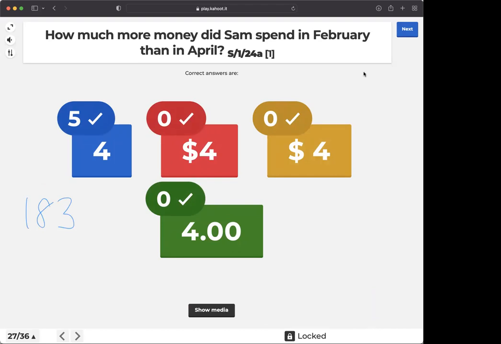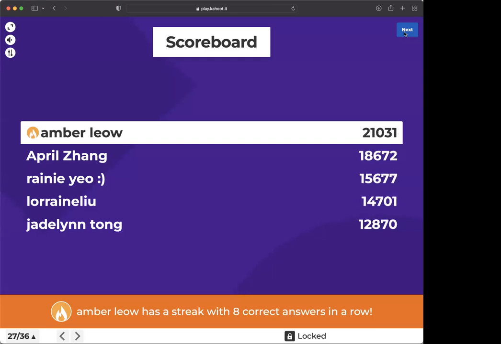Without a unit, it means nothing, because this can be 183 cm, it can be 183 kilometer, it can be 183 inch. So without a unit, a number is meaningless. So all quantity, just remember whether it's maths or science, please put in the unit at the end. Understand? Next question. All got correct.